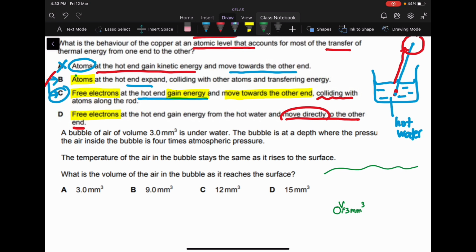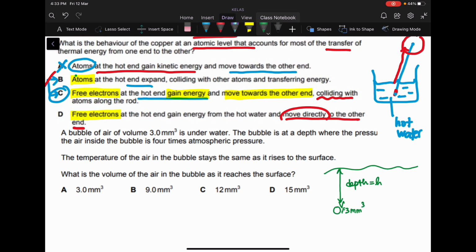And the bubble is at a depth where the pressure of the air inside the bubble is 4 times atmospheric pressure. So now it has a certain depth, we don't know what the depth is.